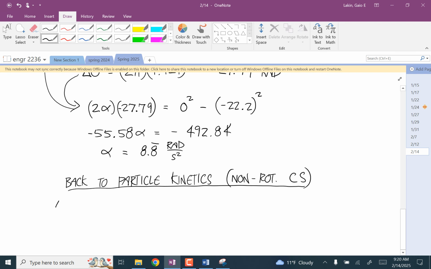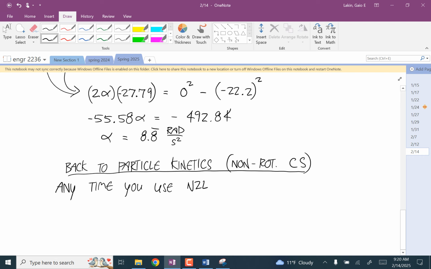And in this class, anytime you use Newton's second law, or later when we get to rigid bodies, the moment equation, which I call rotational Newton's second law, that's moment equals I alpha, you need to draw a corresponding free body diagram.